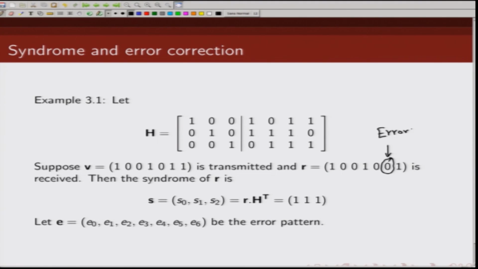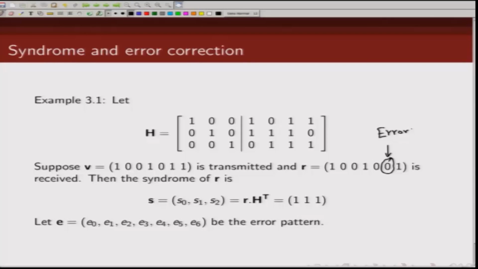First, we compute the syndrome, which is RH transpose, and what we get is non-zero. Since this is non-zero, there is an error. The next step is to find out where the error has occurred.